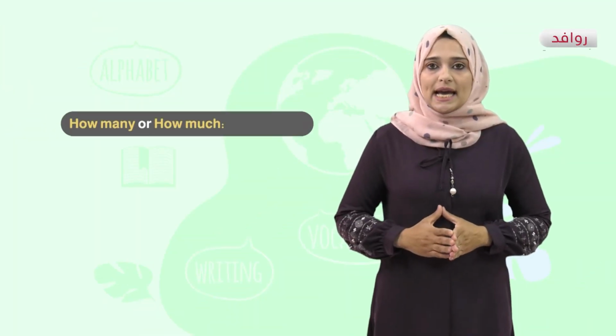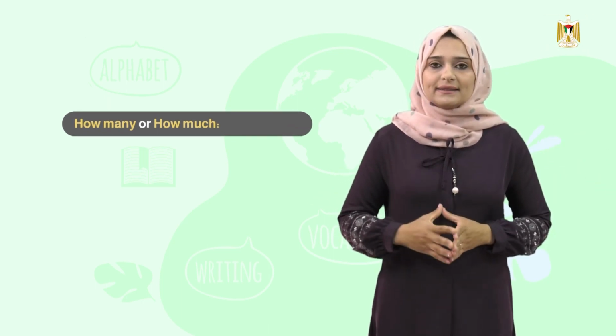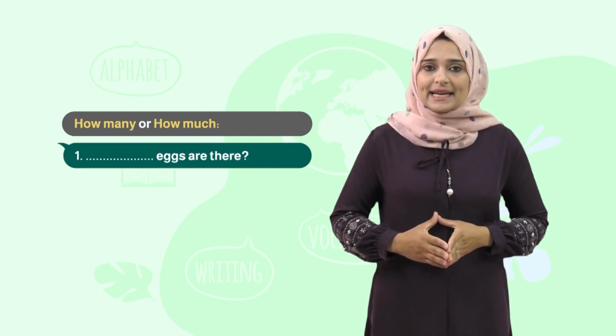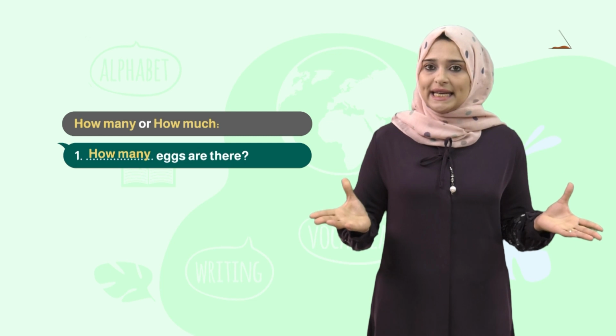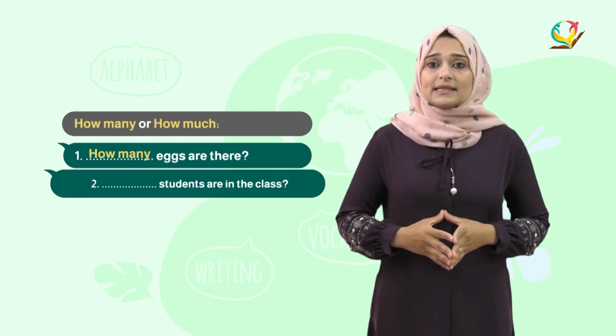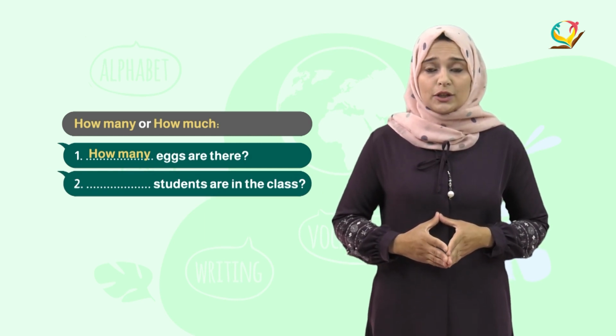Our final exercise, choose how many or how much. 1. How many eggs are there? Great! How many? How many eggs are there? 2. How many students are in the class? Students is countable.